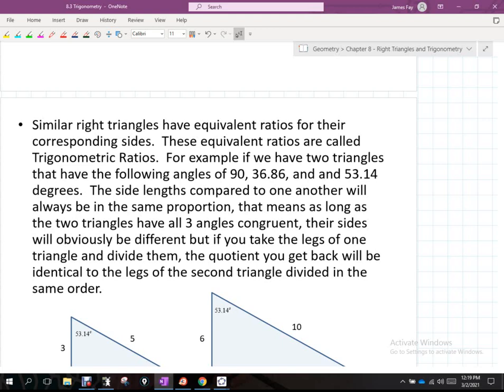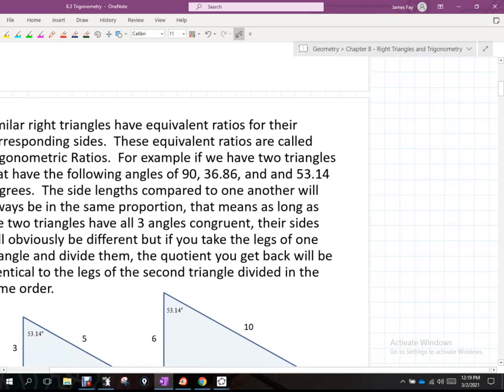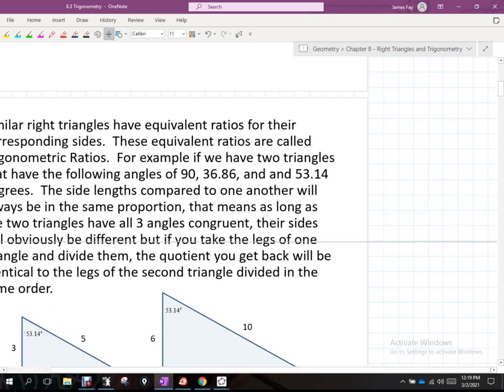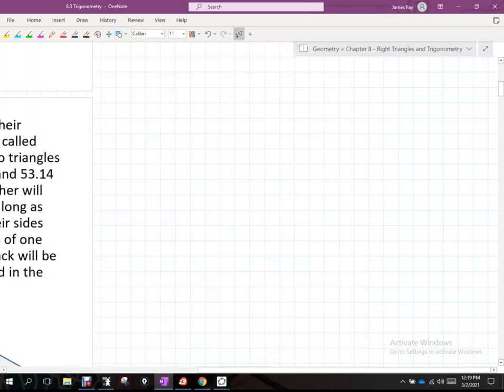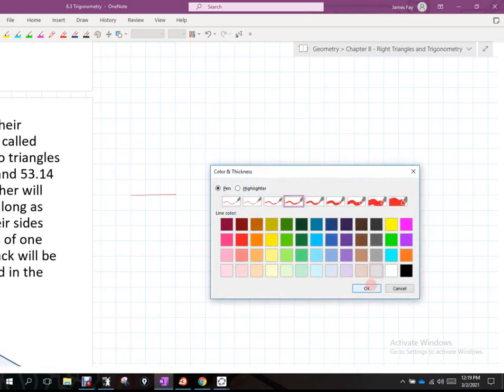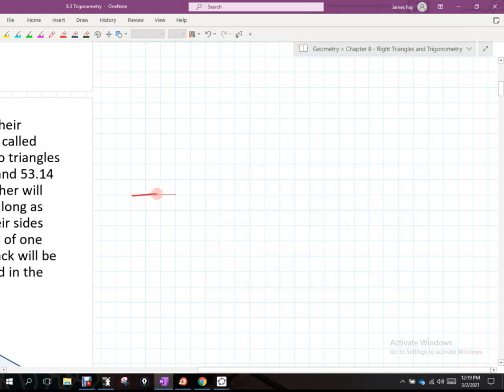And this is what we talked about in, I think it was 7.2, 7.3. If I have a right triangle, that right triangle right there.